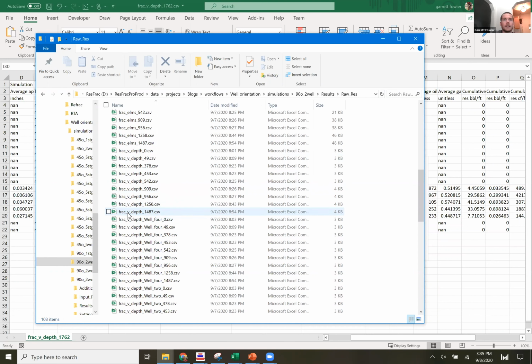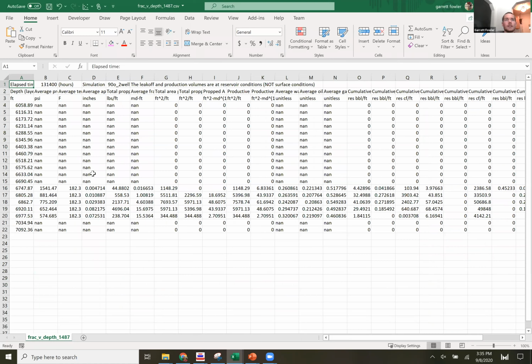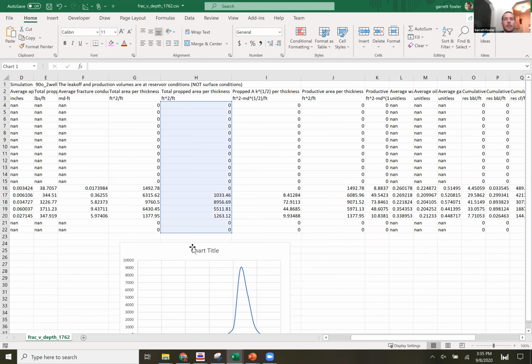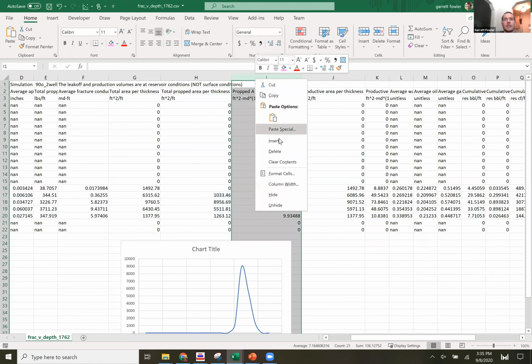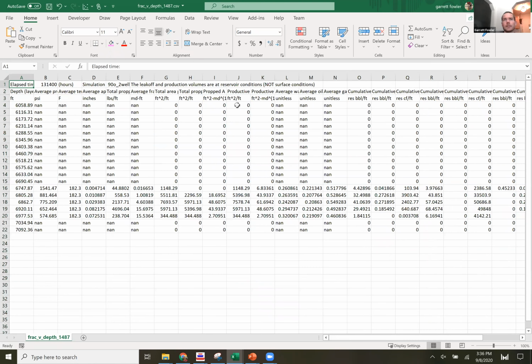With more stress shadowing, occasionally you would expect to see more frac height. And so one of the things I can do here is compare whether or not indeed I'm getting more frac height when I place clusters closer together.